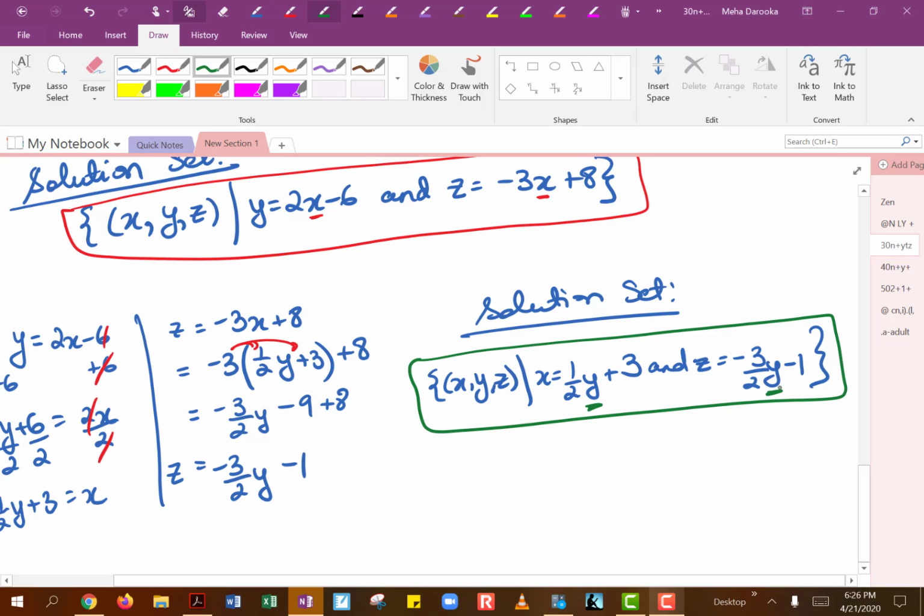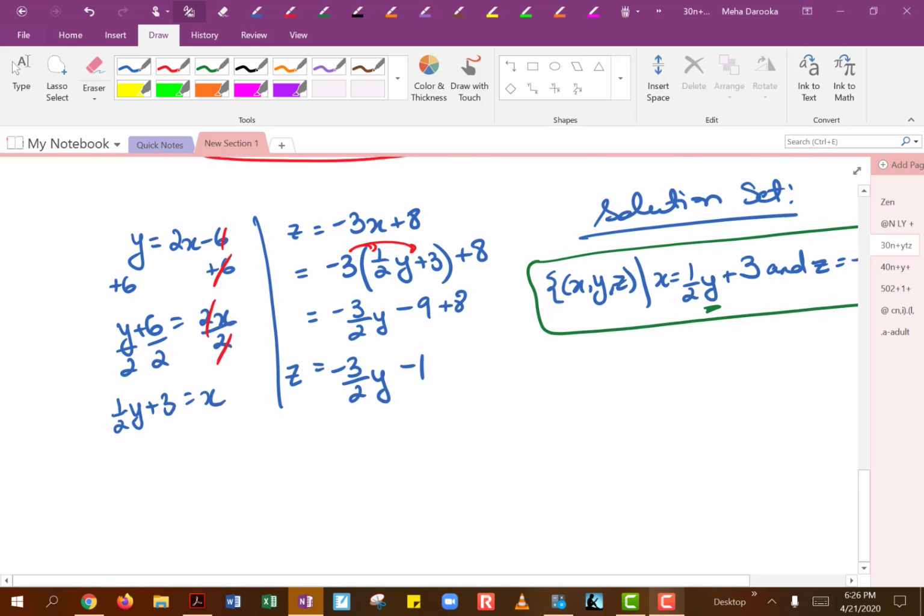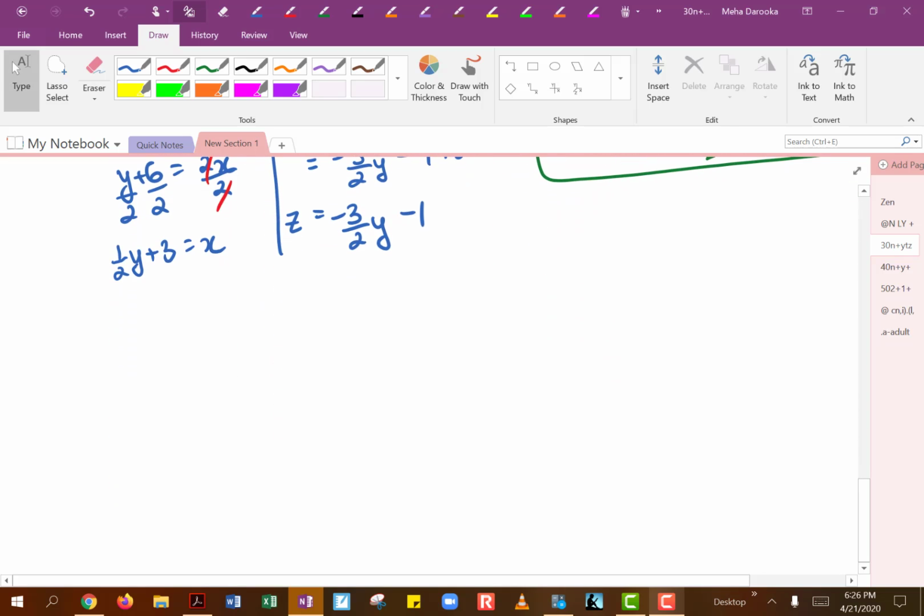Okay, and in that same way, if they wanted us to define this in terms of z, then we would need to rewrite this as, we would start with z equals negative 3x plus 8, but now we want to get x by itself, so start by subtracting 8 first.